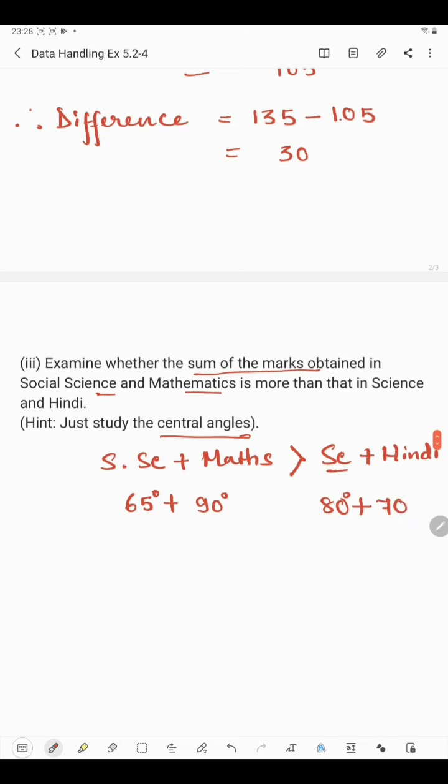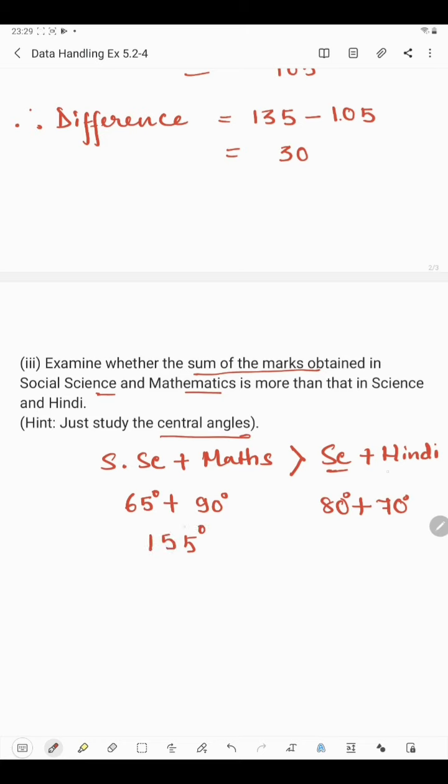Now here, instead of finding the marks in all the subjects, we'll just see in which subject the central angle is greater. Like here, the sum of the central angle in social science and maths, 65 degree and 90 degree: 5 plus 0 is 5 and 9 plus 6 is 15, so it's 155 degree.